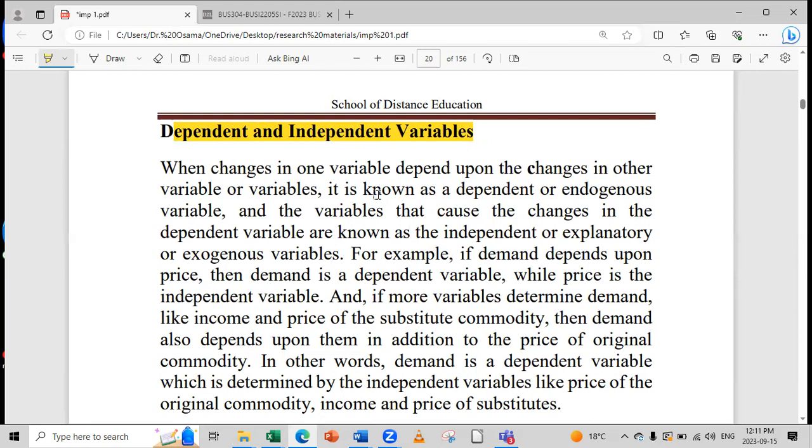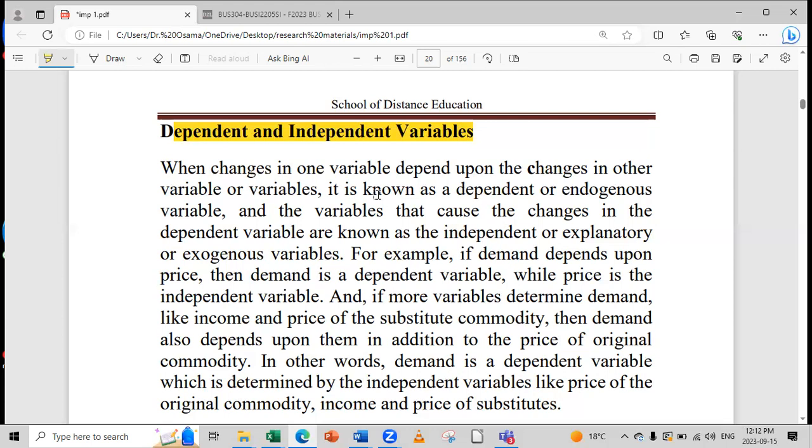If we study the relationship between temperature and ice cream, which one affects the other? Temperature affects the ice cream. The temperature is independent. It affects because when the temperature is high, the sales of ice cream go high.